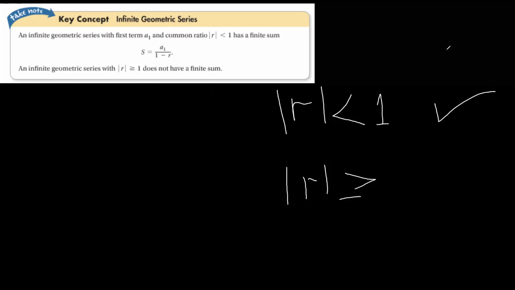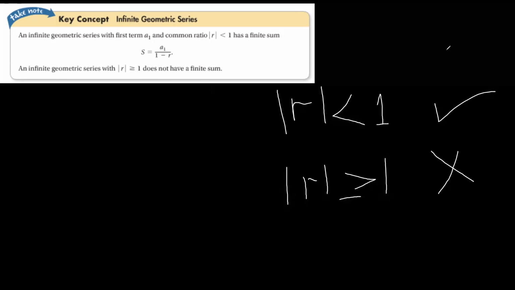If the absolute value of r is less than 1, before I find the summation, I have to check r. If the absolute value of r is less than 1, I can use this formula. And if the absolute value of r is greater than or equal to 1, I cannot use this formula, and I will say that I cannot find the summation.